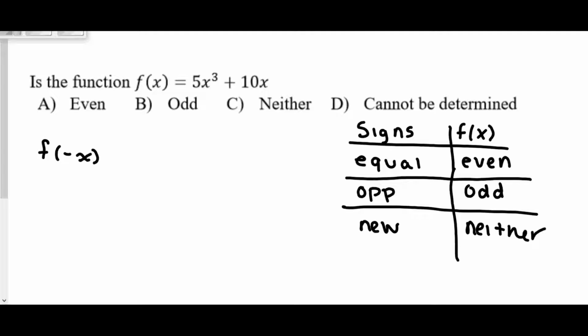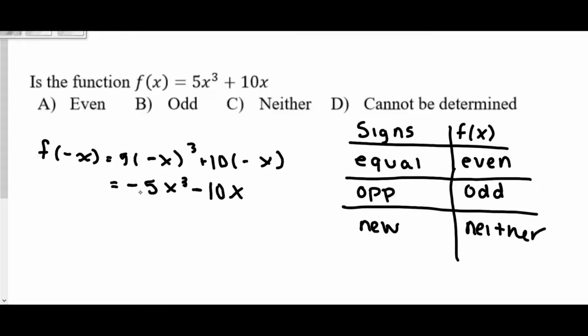So I'm going to plug in a negative x to this function and observe what happens to my signs. So 5 times negative x cubed plus 10 times negative x. Negative x cubed comes out just as negative x cubed, so I'm just going to put the negative at the front. So negative 5x cubed plus 10 times negative x, which just turns into negative 10x.